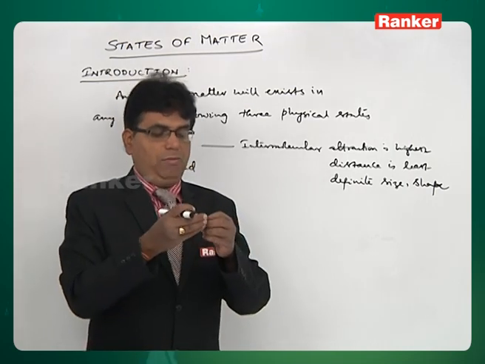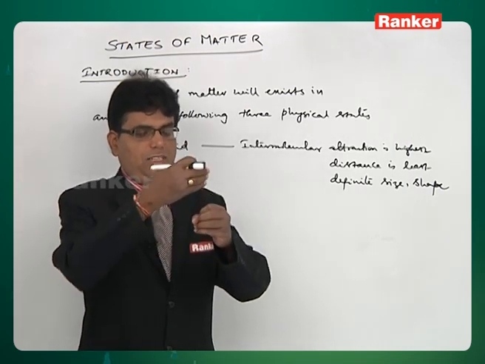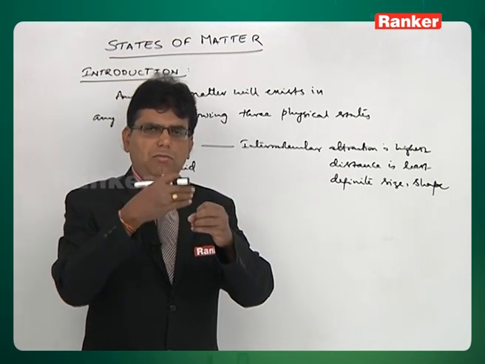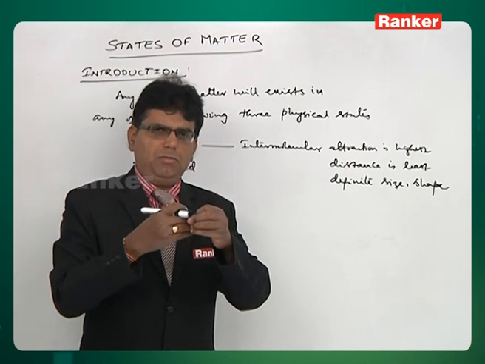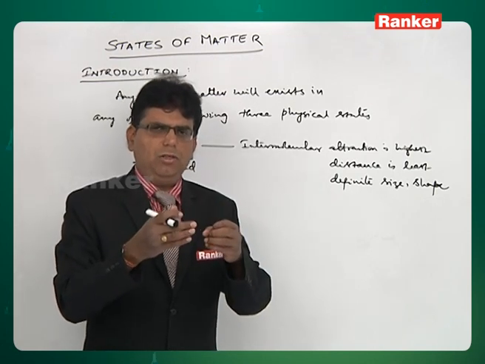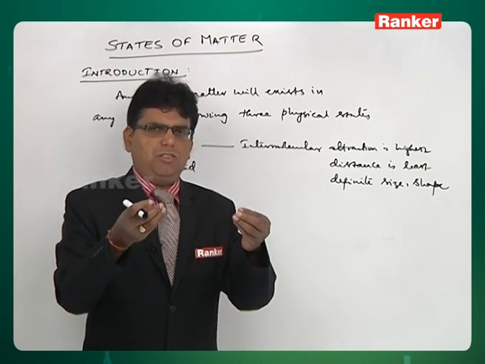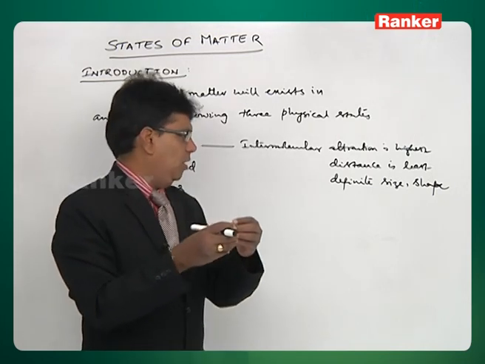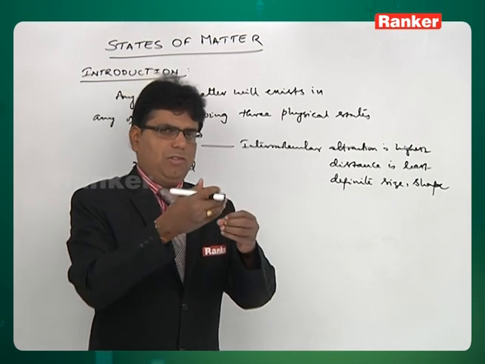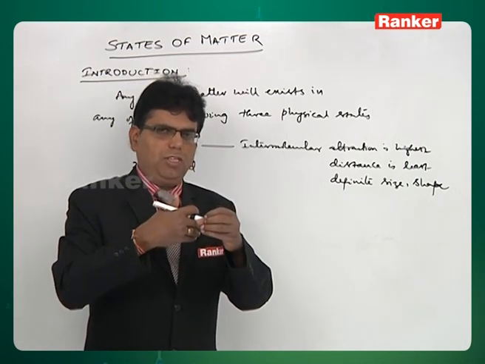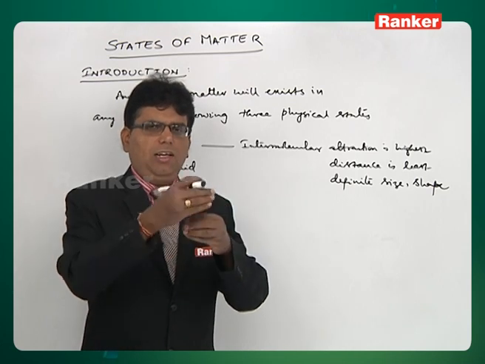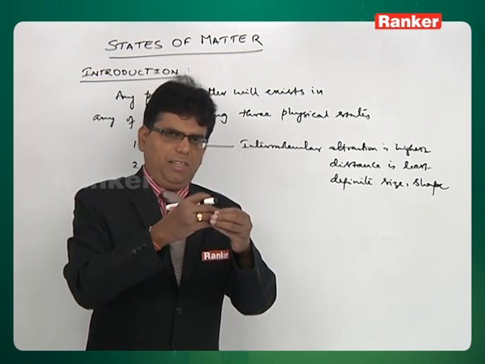That means the influence of one particle over the other. Here intermolecular means it can be between molecules, atoms or ions, by which the substance is made up, so interparticle. That influence of one particle over the other is very high, so the movement of one is entirely restricted by all the others surrounding it.